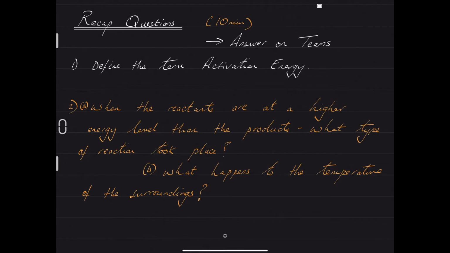Part B. What happens to the temperature of the surroundings? So following on from part A, you need to determine what type of reaction has taken place, whether it's endothermic or exothermic. And based on that answer, I want you to tell me what happens to the temperature of the surroundings.